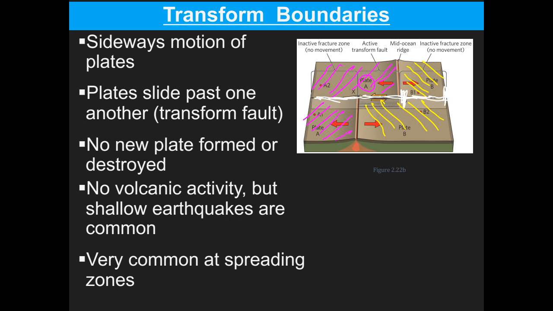So because we have a divergent boundary here, let me use another red color here. Because you have a divergent boundary here, this one goes this way, and this one goes this way, like this. And because you have a divergent boundary here, this one goes this way, and this one will go this way.